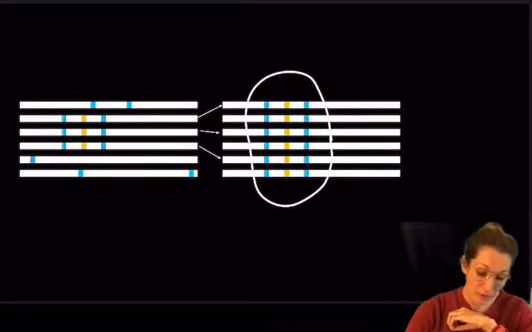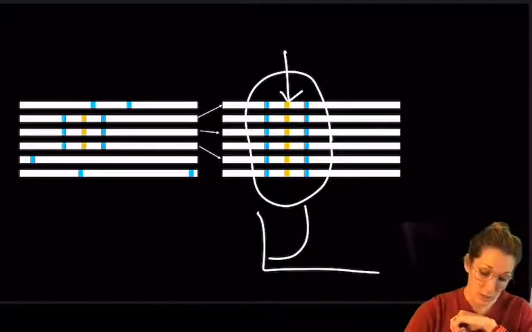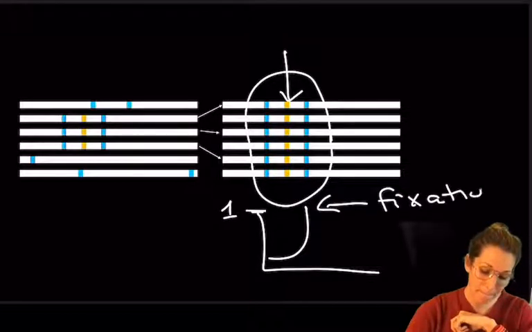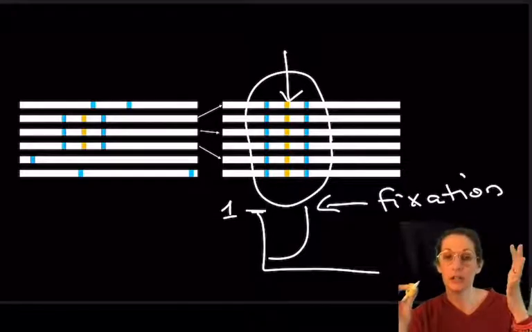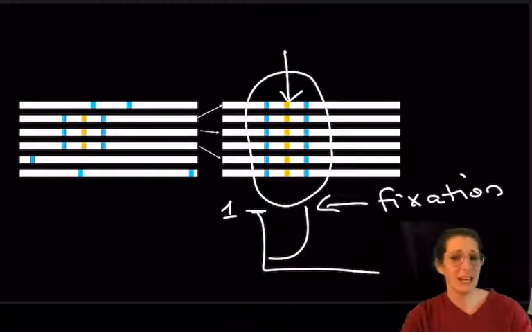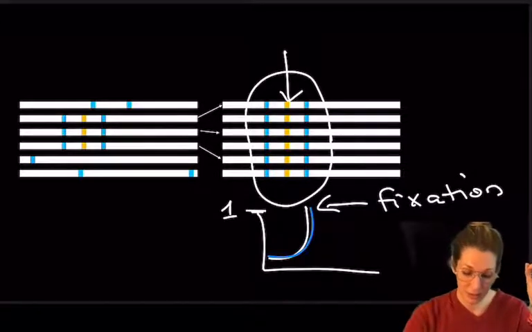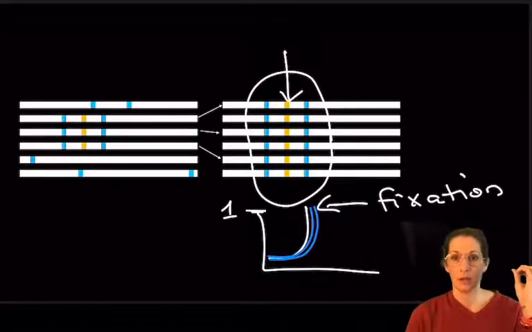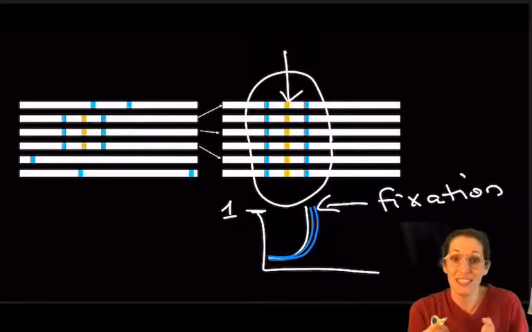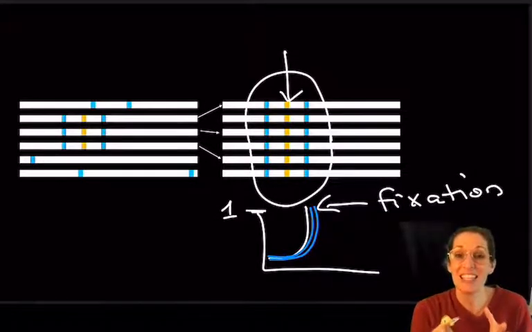And as this beneficial allele spreads and goes to a frequency of 1, which we call fixation, the alleles that are just physically next to it on the chromosome are also going to go to fixation. Okay? Boom. They also go to fixation, just because they're physically close to it, because they are in linkage disequilibrium.